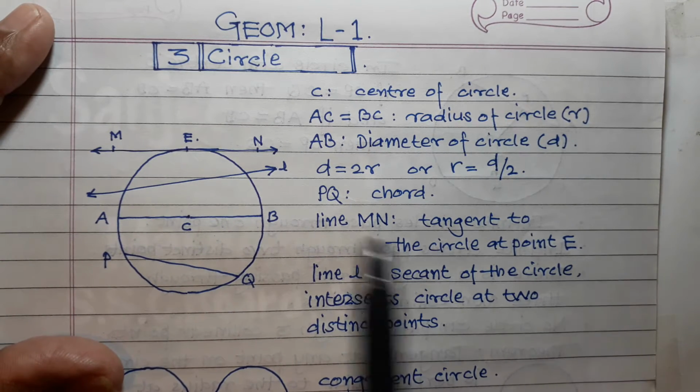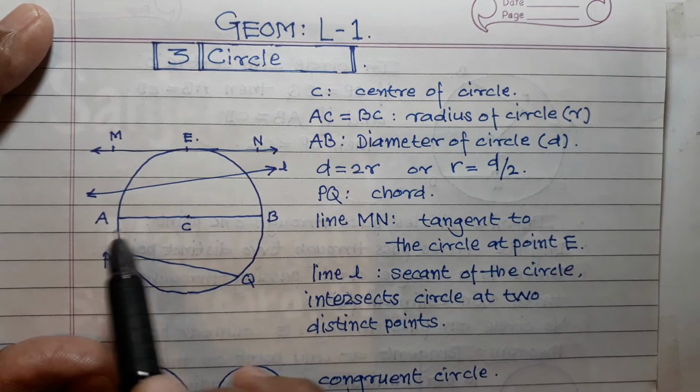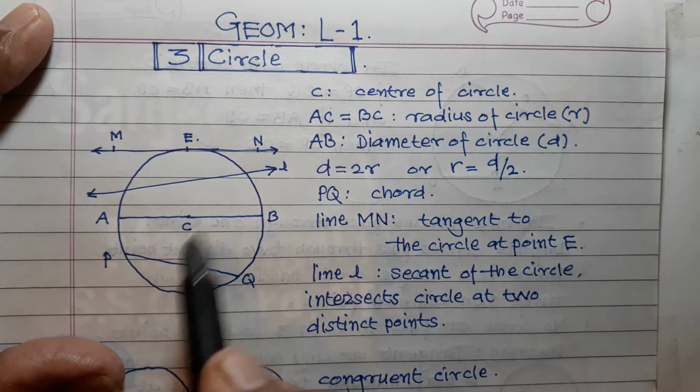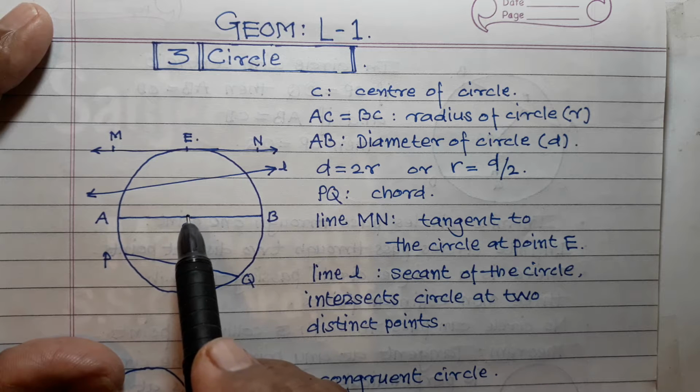Now, this is a circle with center C. So, C is the center of the circle.